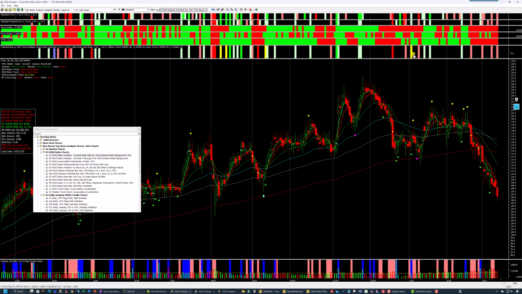That's yellow. And then the light green indicates that all of these are not dark green or didn't meet the requirements for advancing versus decliners, at least 5-to-1. This one was 5-to-1 on the advanced versus decliners, but the volume was between 3 and 5-to-1.